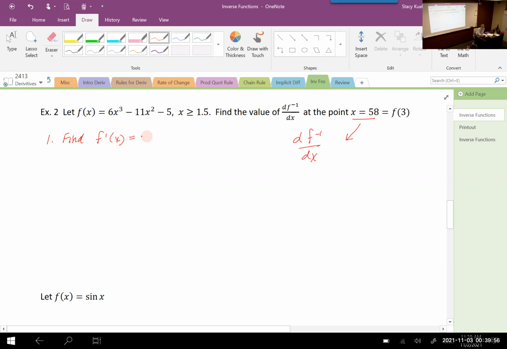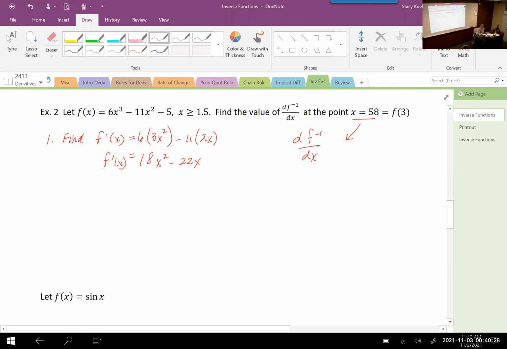Which becomes what? 6 times 3x squared minus 11 times 2x. Or in other words, 18x squared minus 22x. That's the derivative of the function f, correct?